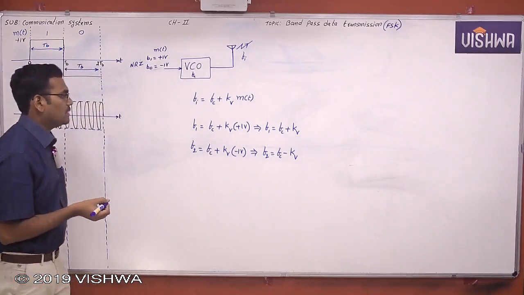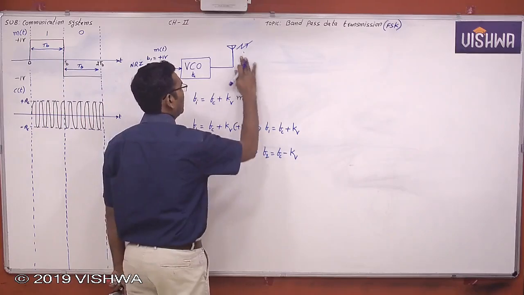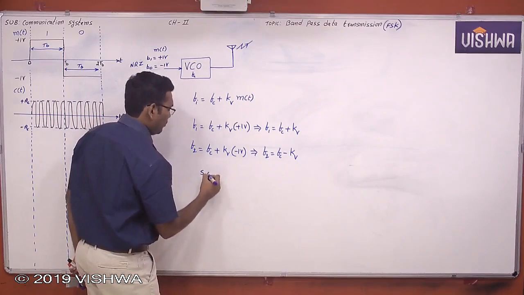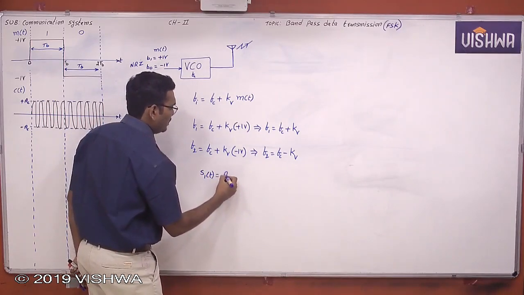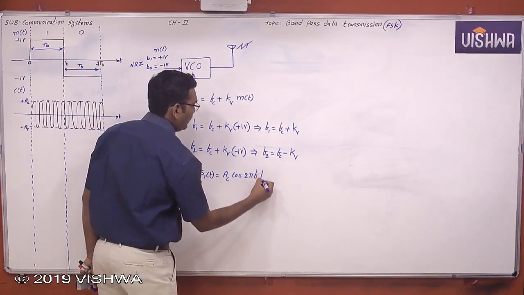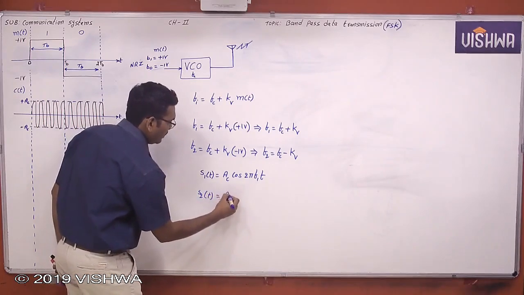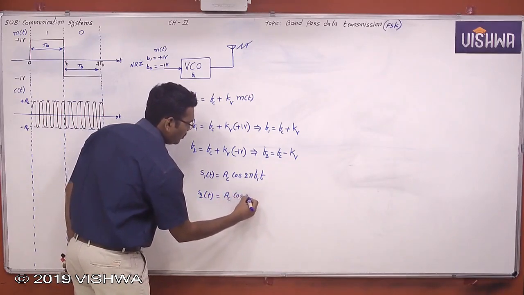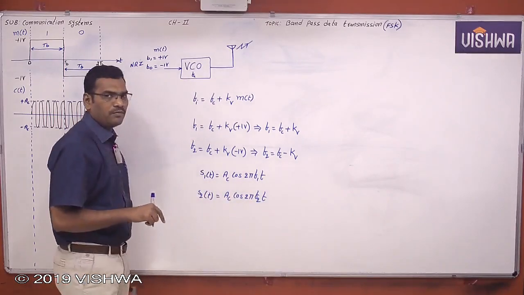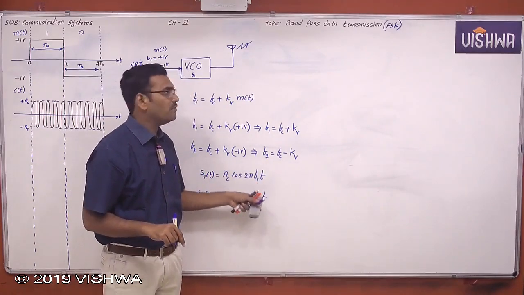Now this is F1, F2. This is one frequency, this is another frequency. So I can write S1 of t equals Ac cos 2 pi F1 t, and S2 of t equals Ac cos 2 pi F2 t. There is no change in amplitude, no change in phase, only a change in frequency.